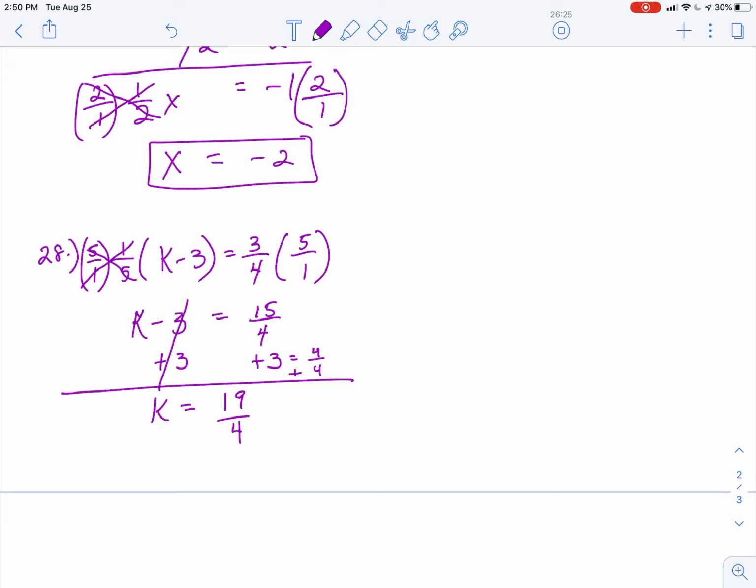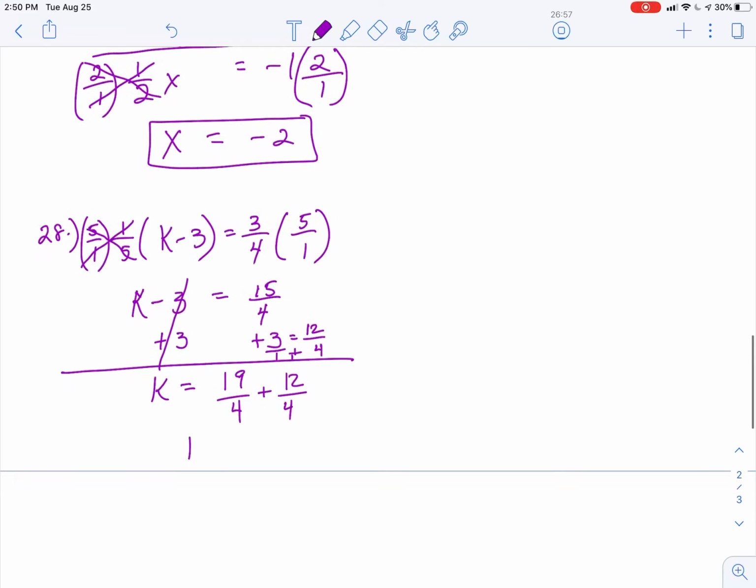No, that's not right. Why do I have 12/4? Let me look here real quick. 3/4. Oh, gracious day. It's not 3. Oh, dear. I'm so sorry, guys. All right, 3 is not 4/4. 3 is what? If we're going to put it over 4, there we go. 12/4. I want to leave it that way so I can put my numerators together.